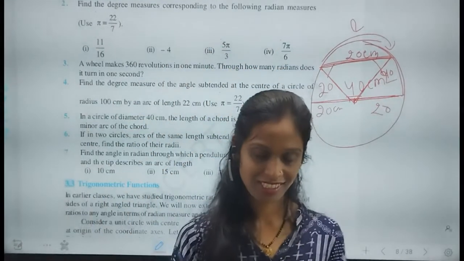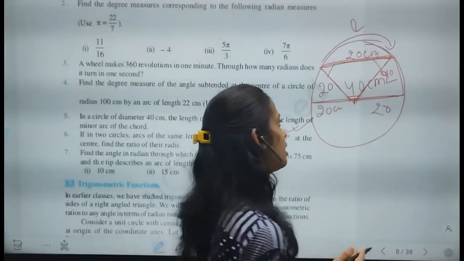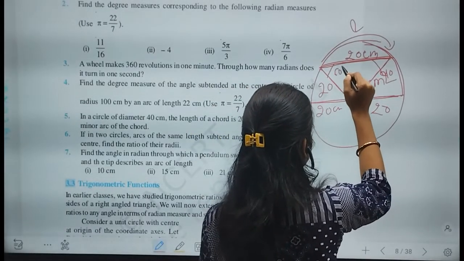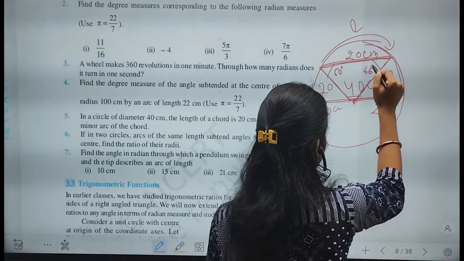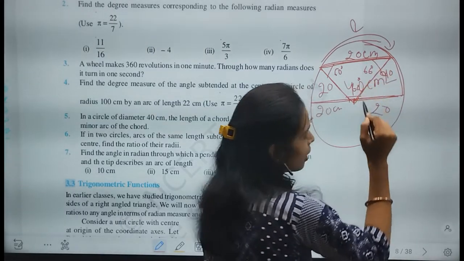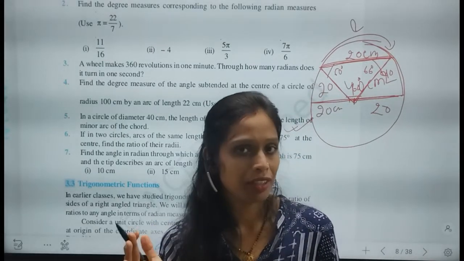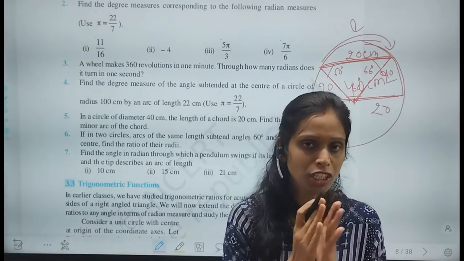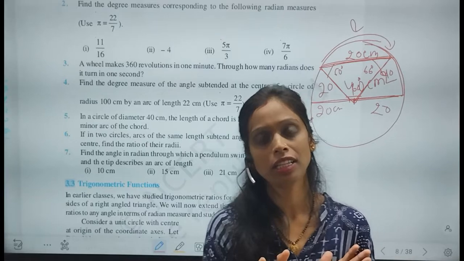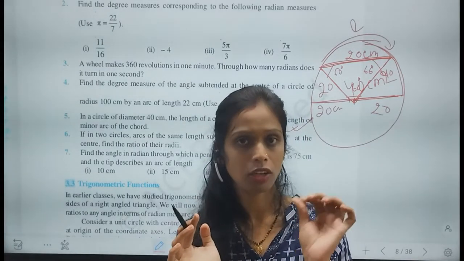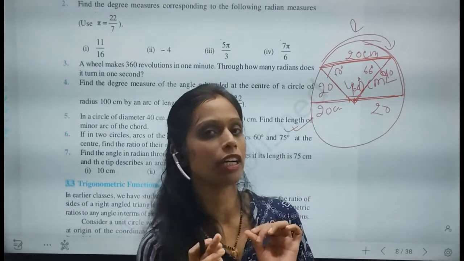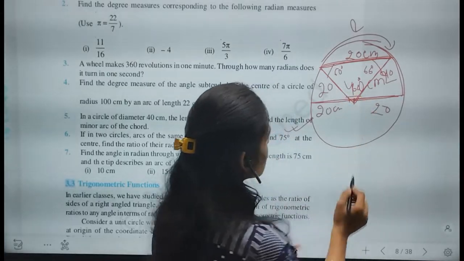So all three sides are equal, yes, it is an equilateral triangle. You know the property of an equilateral triangle: every angle of an equilateral triangle is 60 degrees. That's why this is 60 degrees.